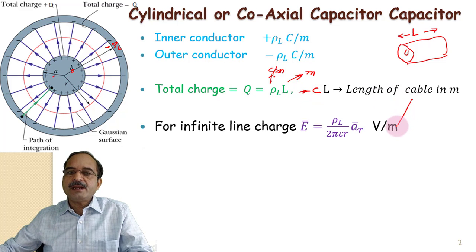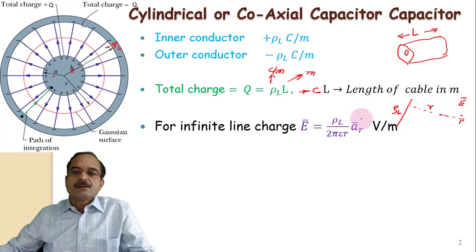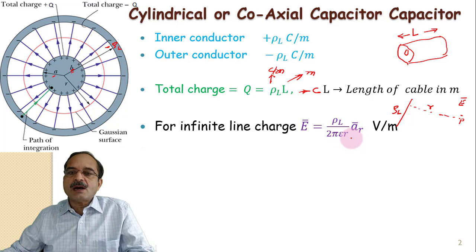If we have an infinite line charge with charge density rho L, then we have studied earlier that at any point P, where the distance of this point P from the line charge is r, the electric field intensity is given by this formula, rho L upon 2 pi epsilon r a_r volt per meter.